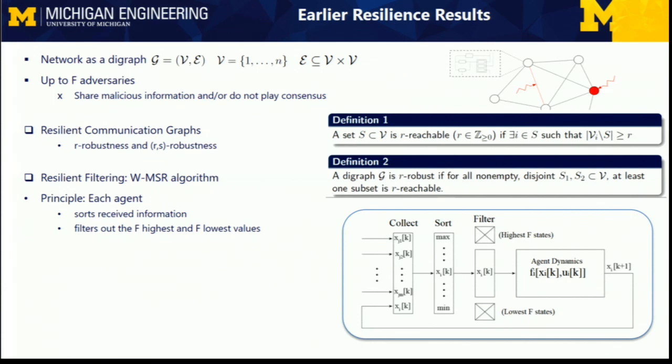when you have a network of agents and they are playing controllers that are based on consensus, the principle that they follow is that they receive information from their neighbors, and they use this information in order to play a consensus-based control, like doing some averaging or whatever.